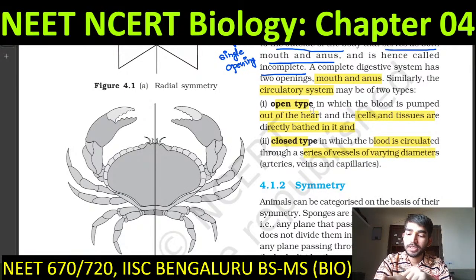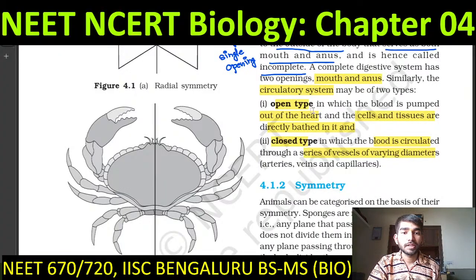But closed system means the blood is flowing through veins, arteries, and then it is reaching the organ or the tissue. And then the tissues or organs located at the end of that or along that are getting the oxygen and nutrients by diffusion through the closed system.